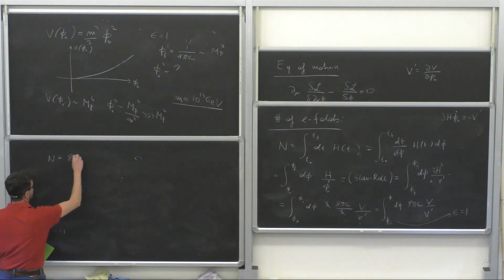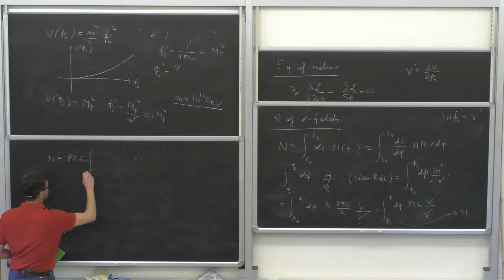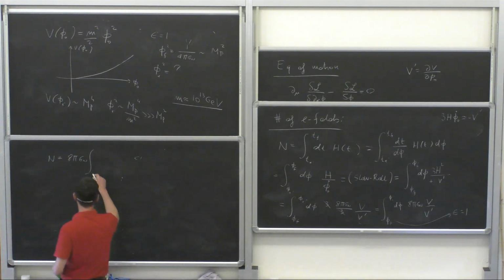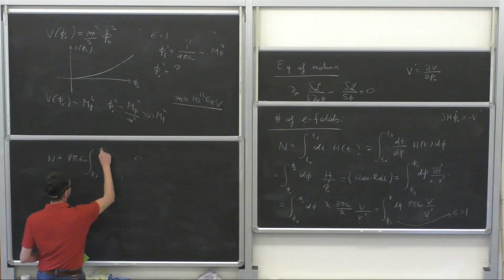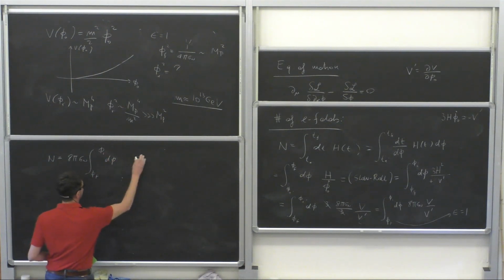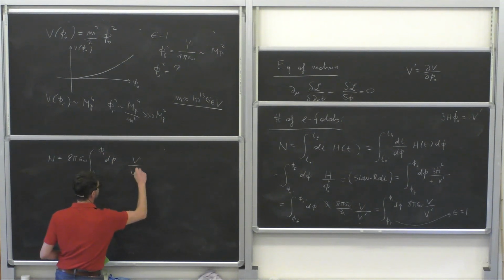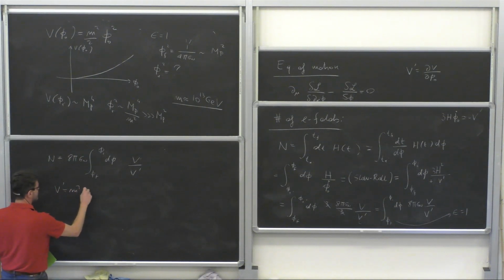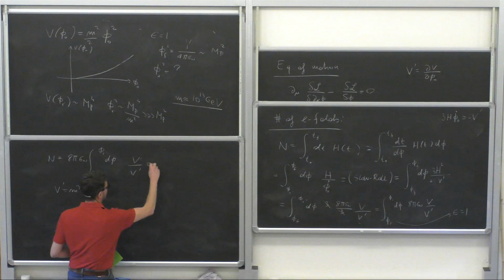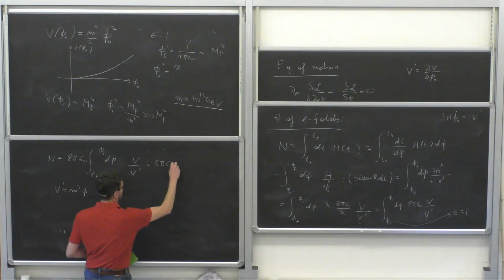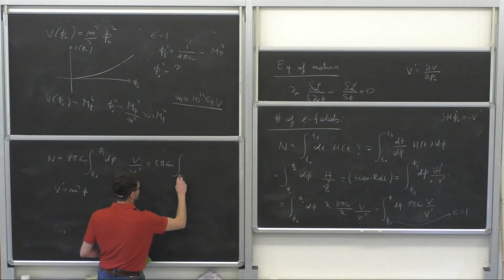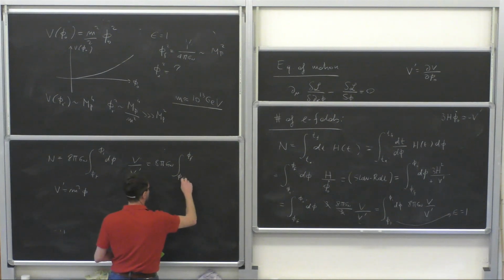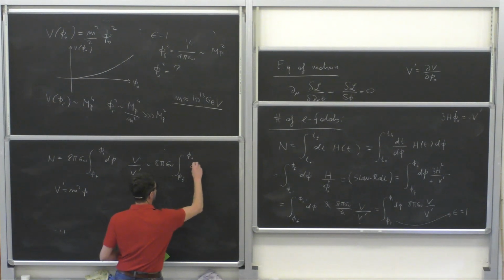We said that it is 8 pi G Newton times the integral. So the formula is there, from phi final to phi initial, d phi of V over V prime. V prime is m squared times phi. So here you have 8 pi G Newton, the integral from, sorry, from phi final to phi initial, d phi.